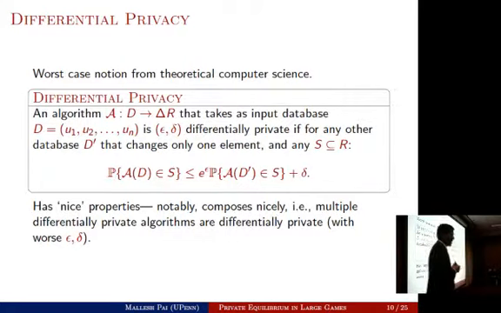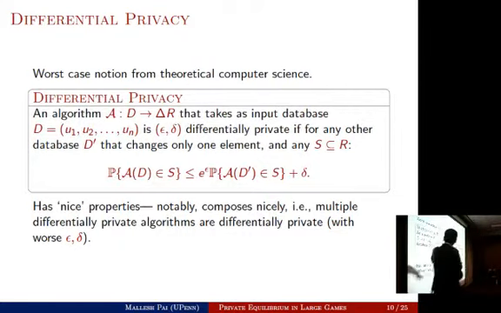The question is, you have some database, and you want an algorithm to process this database and give back some summary statistic. How much can a person learn about the individual entries in the database from the statistic that you throw out?